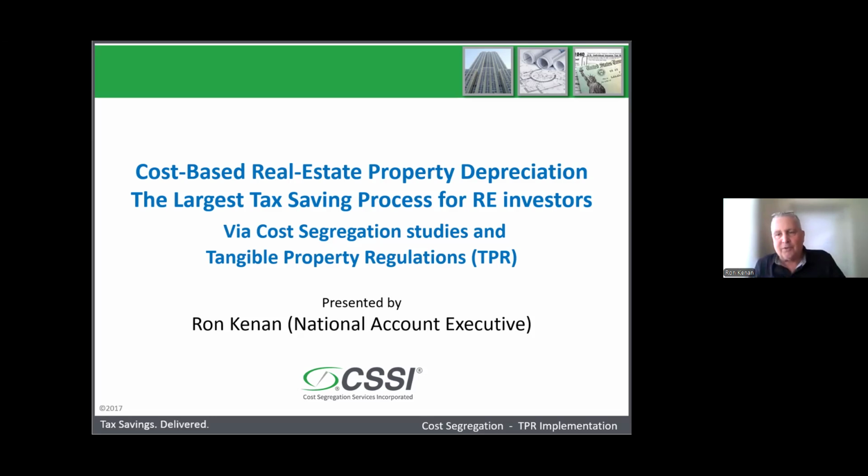It's probably one of the most important things you should know after you make an investment. Before, there are a lot of other things, and I think that Tal refers to that a lot. But after making the investment, it's very important to know what cost segregation is.